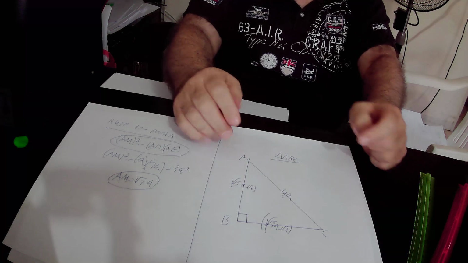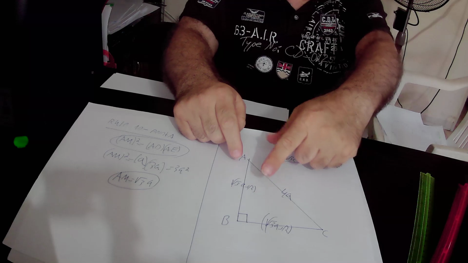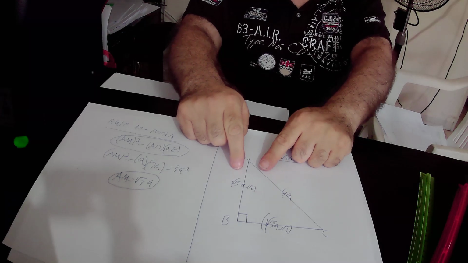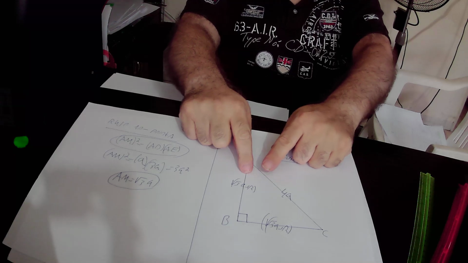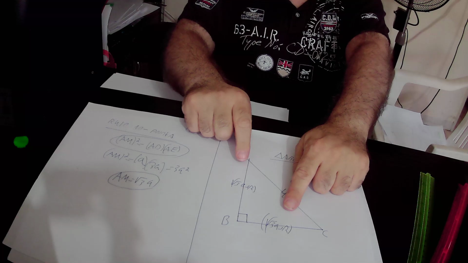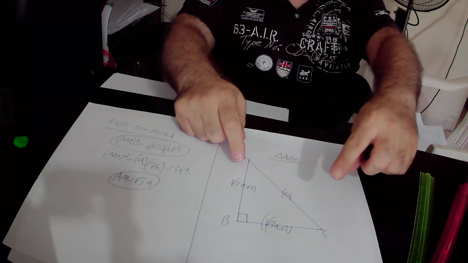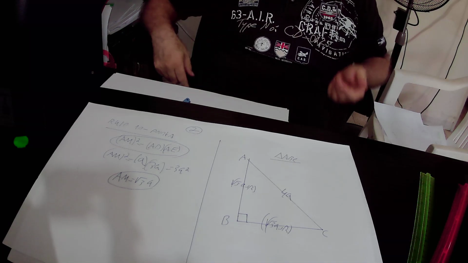But before that, we have side AB equals square root of 3 times A plus R, and side BC is also equal to square root of 3 times A plus R. That is to say, those two sides are equal to each other.